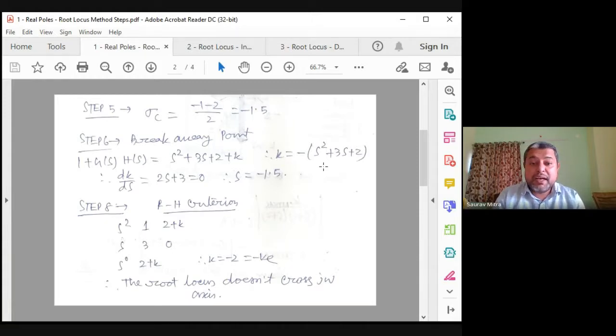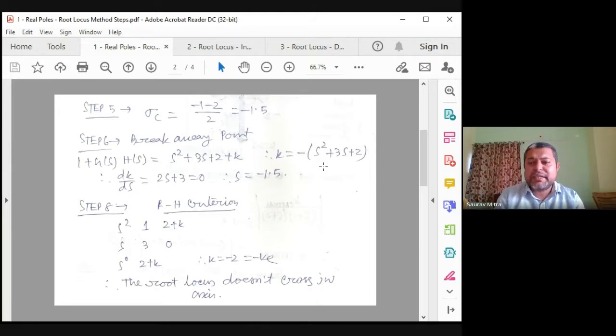So if there are imaginary zeros, then you have to calculate the angle of arrival. I will repeat, if there are imaginary poles, then you have to calculate the angle of departure, because from those imaginary poles the root locus will depart at a certain angle.